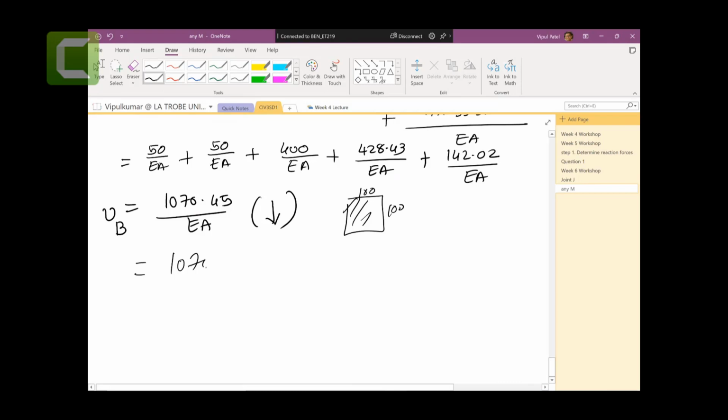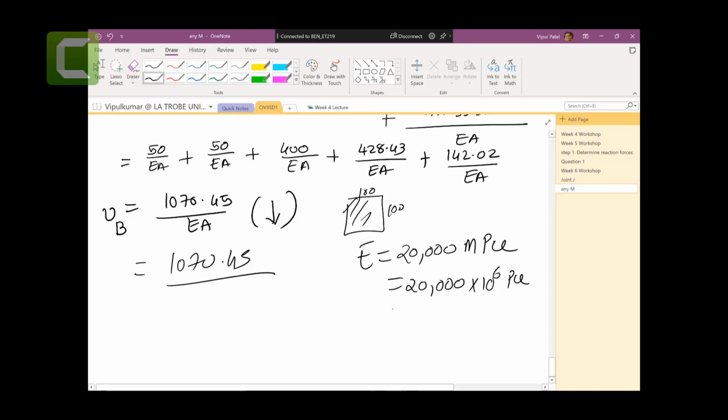So this is in kilonewtons. The Young modulus is 20,000 megapascals. So 20,000 times 10 raised to power 6 pascals, which is 20,000 times 10 to the power 6 Newton per meter square. We need kilonewtons, so 20,000 times 10 to the power 3 kilonewton per meter square. Right?